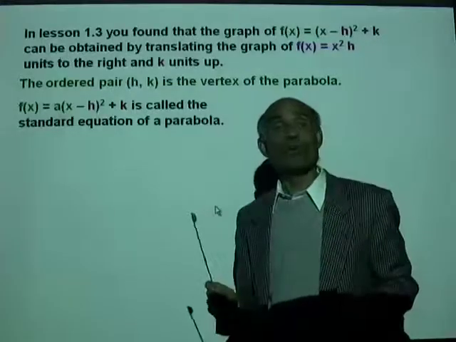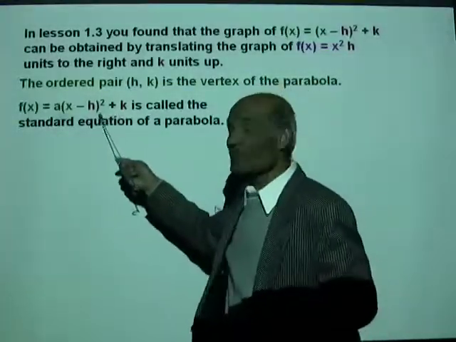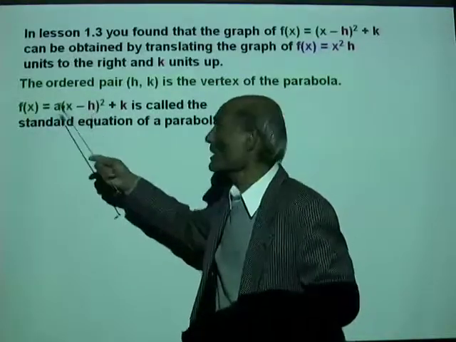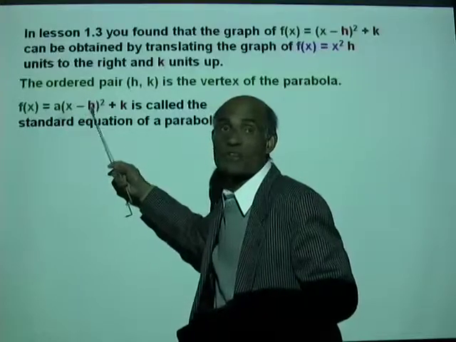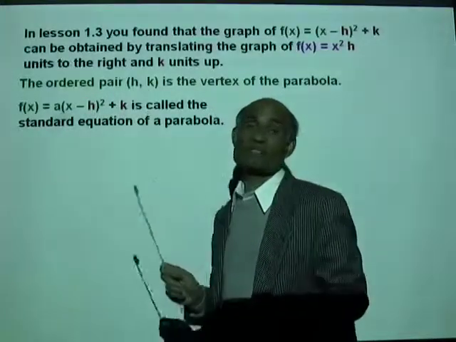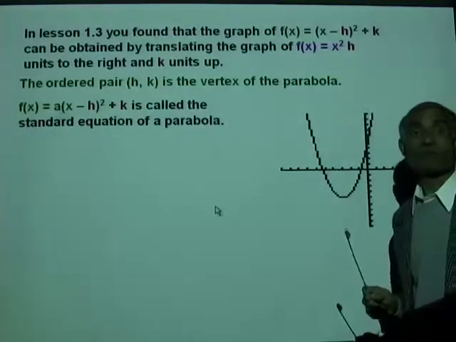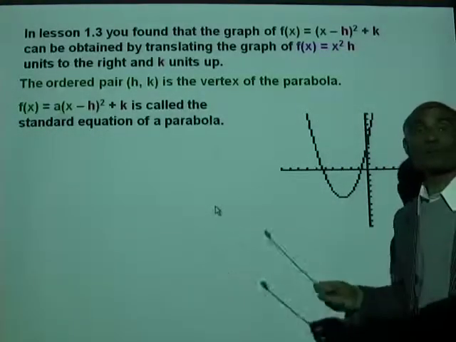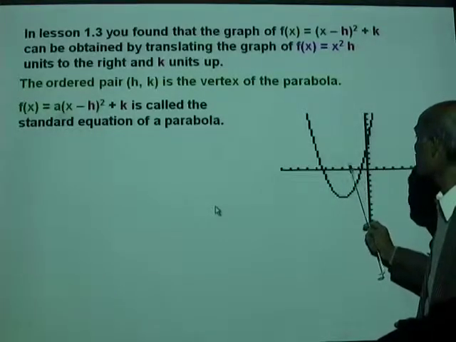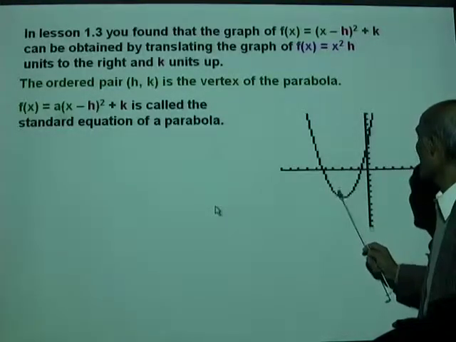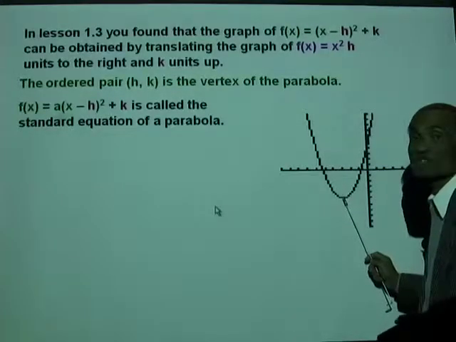And so, what is the standard form of a parabola? This is the standard form of a parabola. F of x equal to a times x minus h squared plus k. Now, look at the graph of a general parabola. The vertex of this is shifted 3 places to the left and 1, 2, 3, 4, 5 places down.